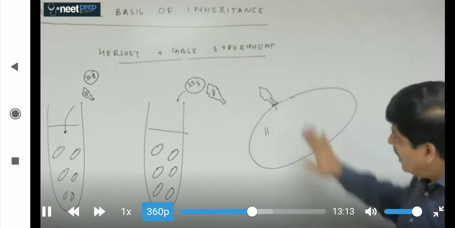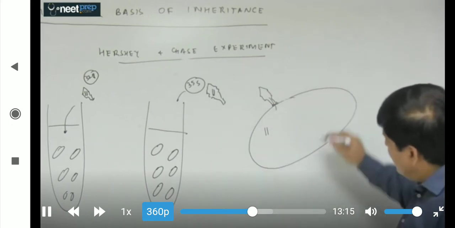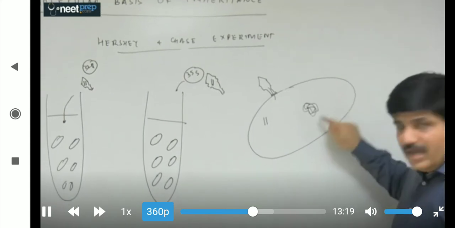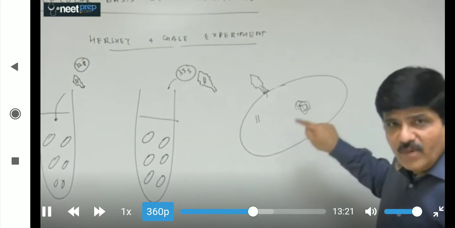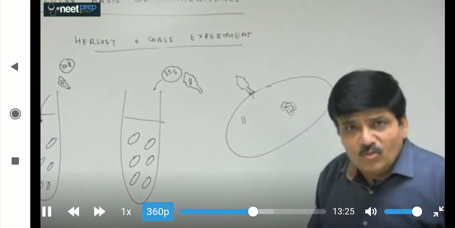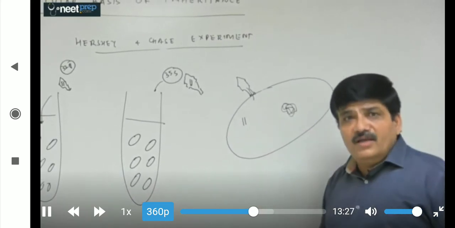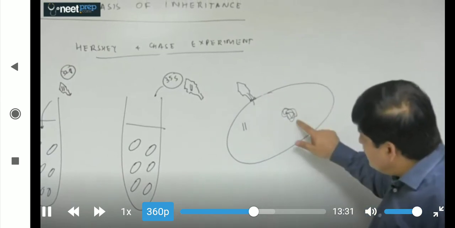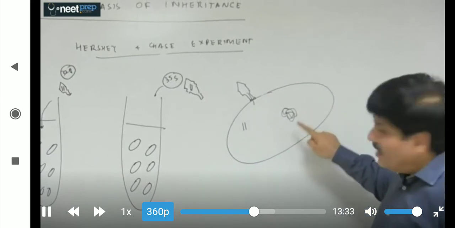bacterium. Now what happens? This double-stranded DNA will take control of what is called the main chromosomal DNA of the bacteria. We know that some bacteria may have extra chromosomal circular double-stranded DNA called plasmid as well. But what I am saying is that this is the main chromosomal DNA.